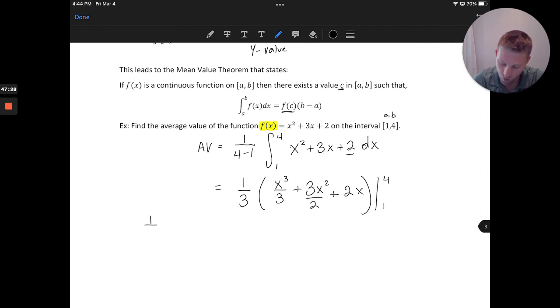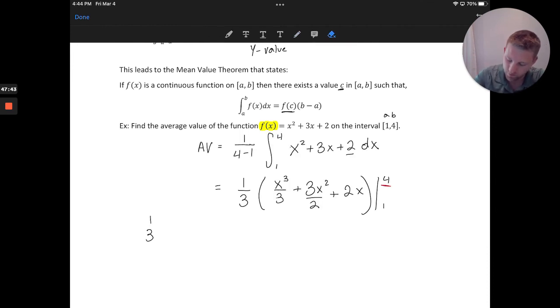We'll have the 1/3 power times the evaluation. Let's go first for the evaluation for 4. Let me just do this in all the same color.